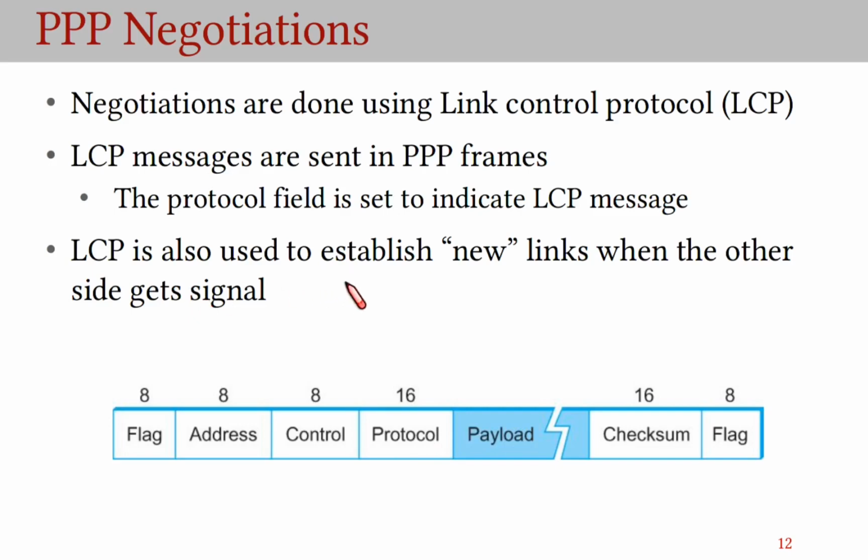LCP is also used to establish new links when one end or both ends boot. So one of the ends is going to discover a new link when it receives a signal from the other side. And at that time, LCP is used to establish a new link between these two endpoints.